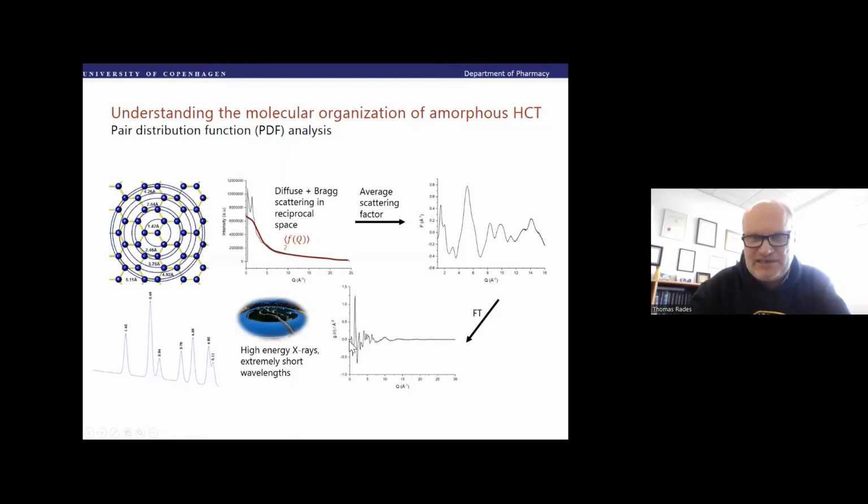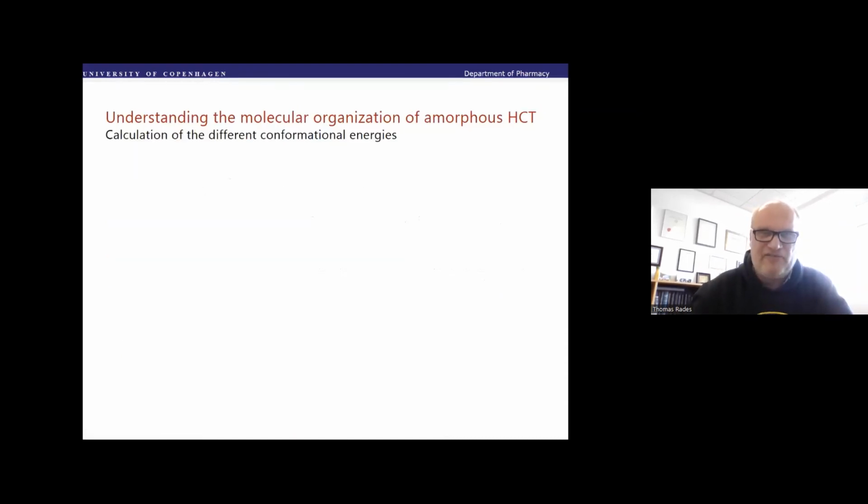So at very short distances, these are interatomic distances within the molecule, and then further on, maybe to the neighboring molecule. And that is, of course, beautiful if we want to look at differences in the average configuration of a molecule or in the average near neighborhood of the molecule.